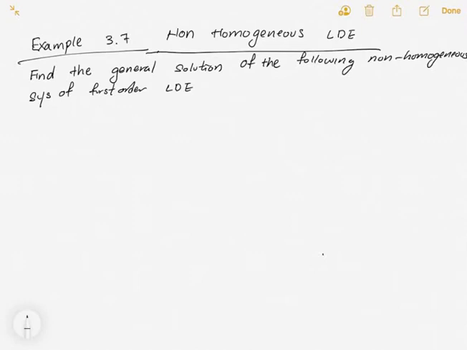Alright, let's look at example 3.7. Find the general solution of the following non-homogeneous system of first order LDE. y1 prime equals 2y1 minus 4y2 plus 2x squared plus 10x, and y2 prime equals y1 minus 3y2 plus x squared plus 9x plus 3.